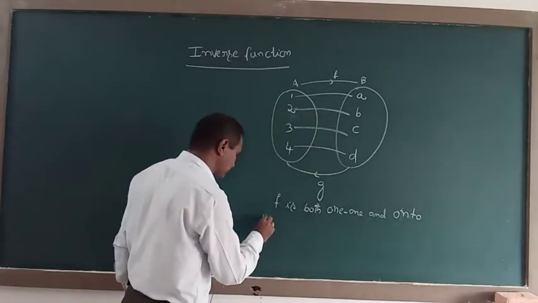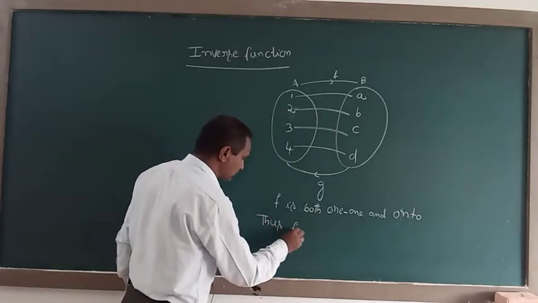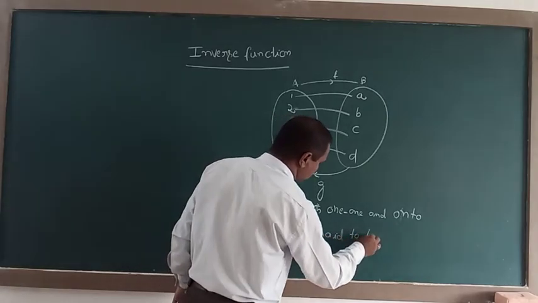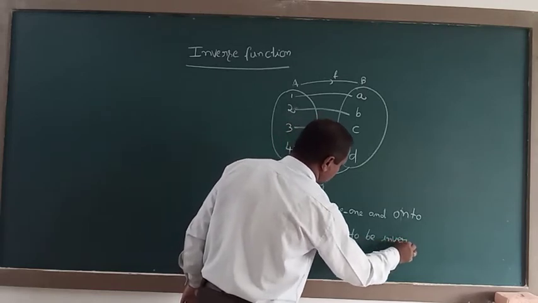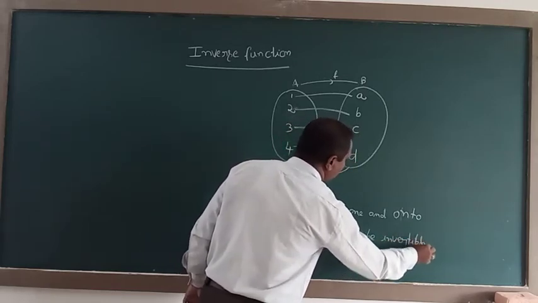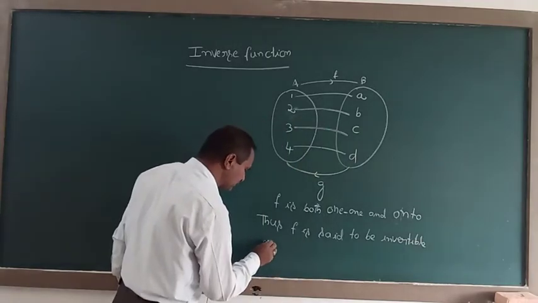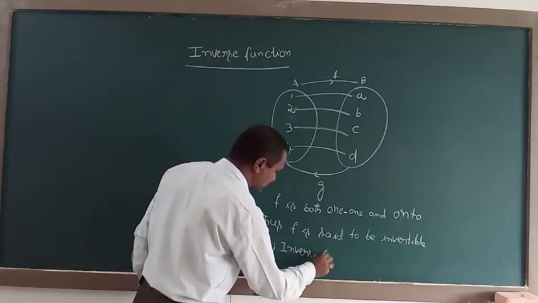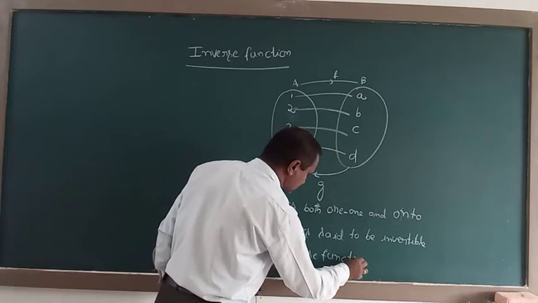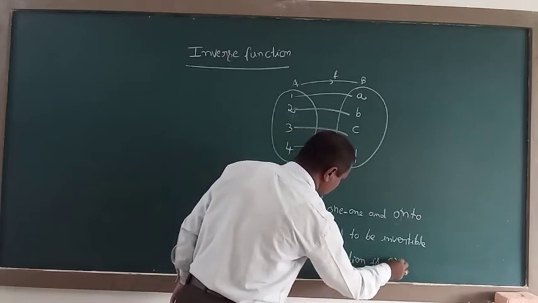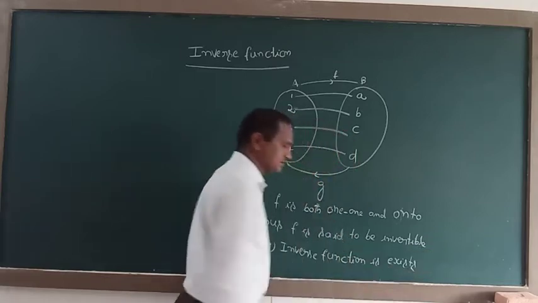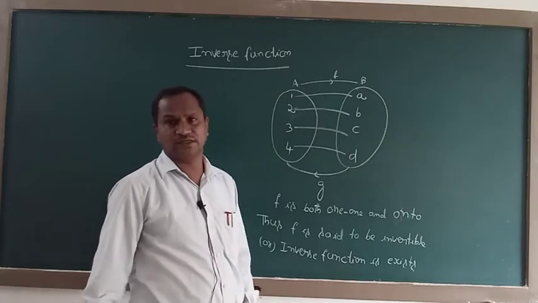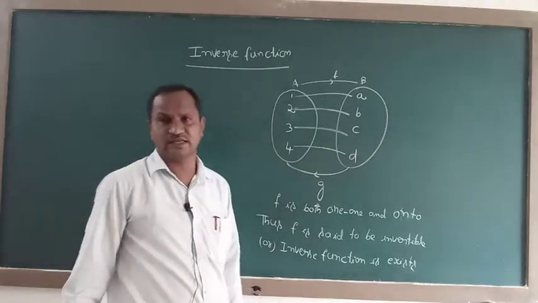Thus f is said to be invertible, or we can write that the inverse function exists. See, some diagrams I am showing which are not inverse and which are inverse. I will show you some more examples.